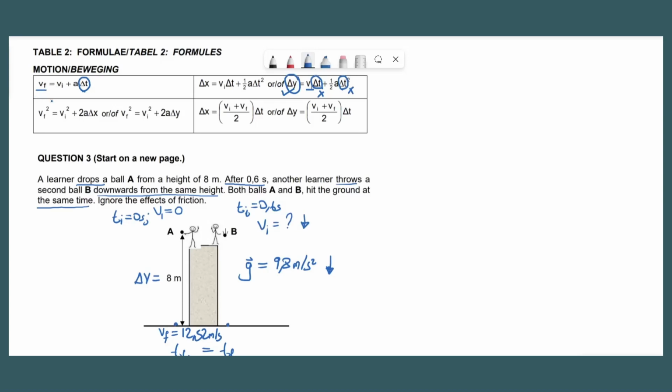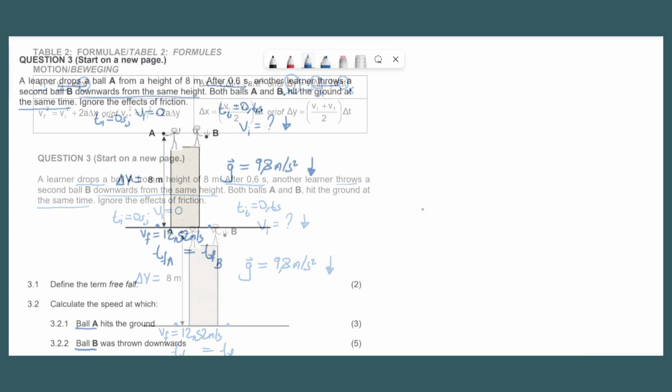And we also know what the initial velocity was for ball A. And of course, the acceleration is just g. So this is great because we can now use this equation to calculate the change in time of ball A when it reaches the ground. And that is going to be our first step in solving 3.2.2. So let's go ahead and do that.